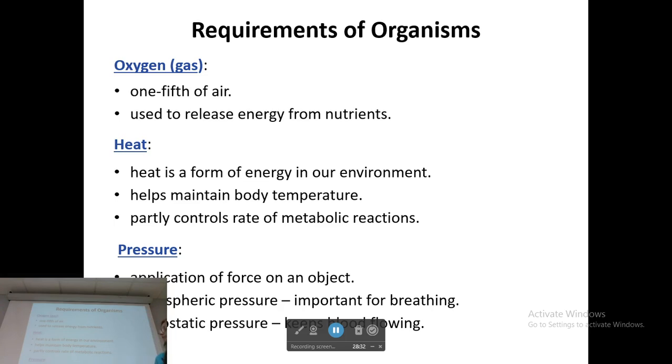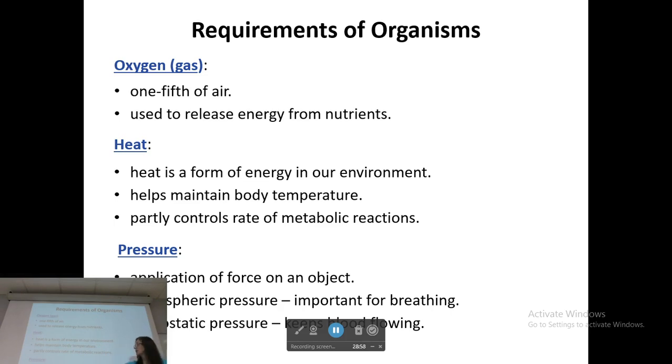Okay, pressure. All right, so we have to have a certain amount of pressure to be able to survive. You wouldn't really think about this unless you went to somewhere where you didn't have pressure, right? And if you don't have the air forcing into your lungs, it's really hard to breathe, okay?